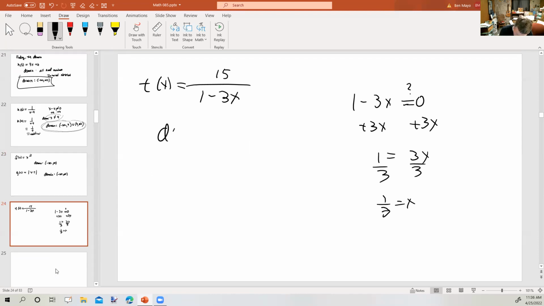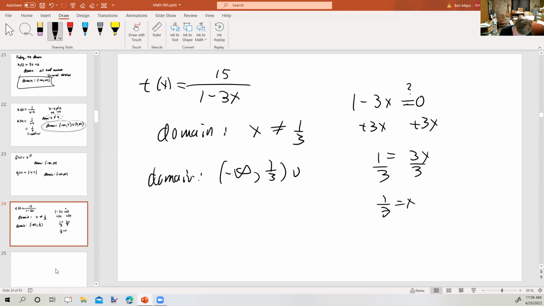So the domain would be x not equal to 1/3, but using interval notation, negative infinity up to, but not including 1/3 in union with after 1/3 up to positive infinity.